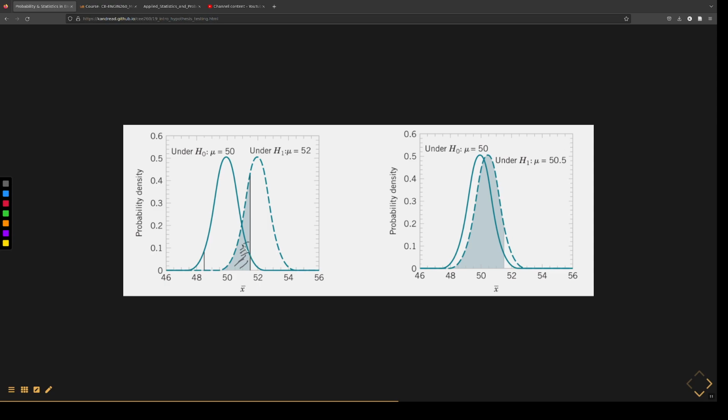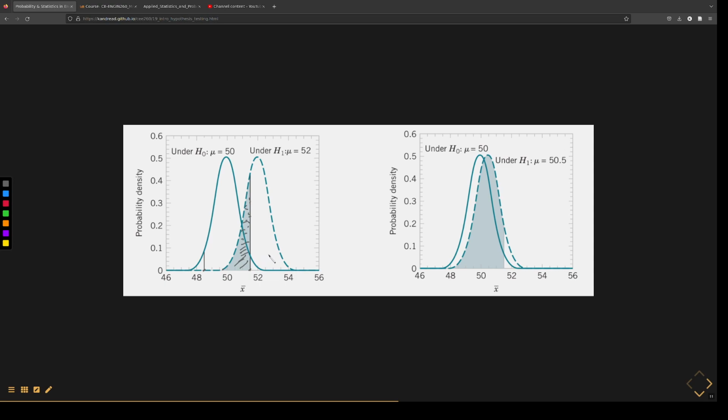Remember, this is the critical region here. So the probability for the alternative hypothesis here would be from this point to this point here. So you see that the probability is this one.